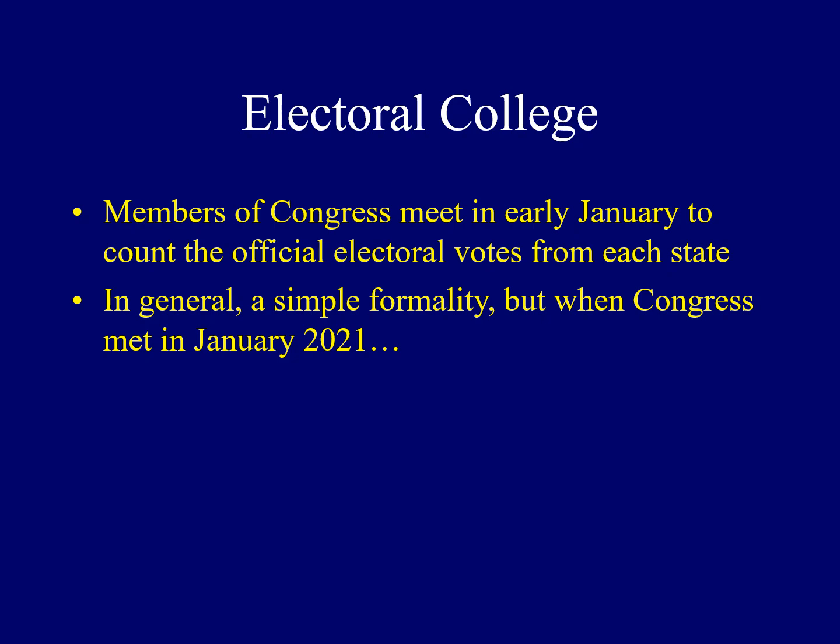Once officials in each state have certified the results in that state, they send them off to Congress, and then Congress meets in early January to count the electoral votes submitted from each state. In general, this is a simple formality. However, in January of 2021, they had some problems.